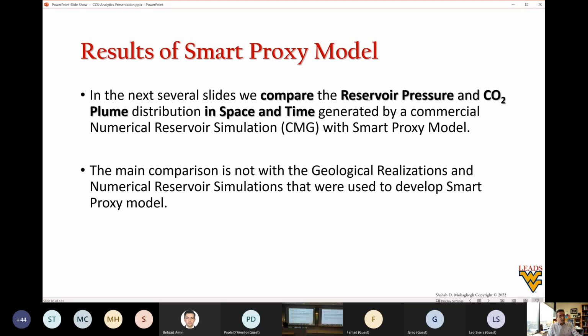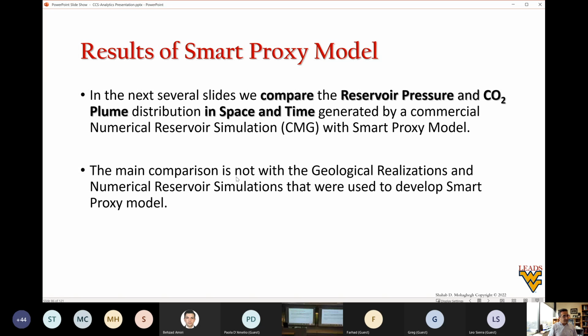We compare the reservoir pressure and reservoir saturation, the CO2 plume, its distribution both in space, for every single cell in every single layer, and in time, generated by commercial software. We use CMG, the commercial numerical reservoir simulator, and compare with the smart proxy. So we show you two things: what CMG does and what the smart proxy does. We compare them together.